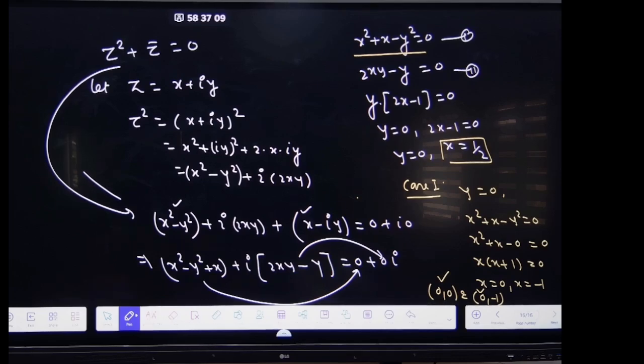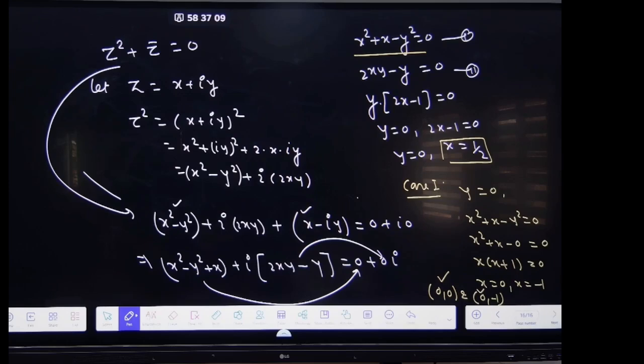Solve, solve. Don't know? Multiply first.